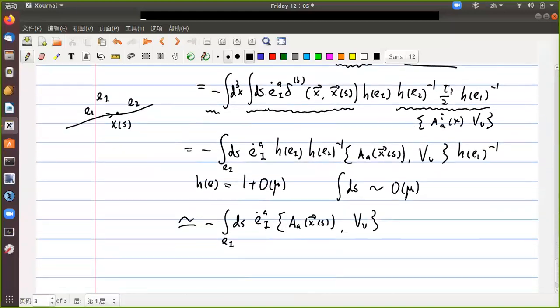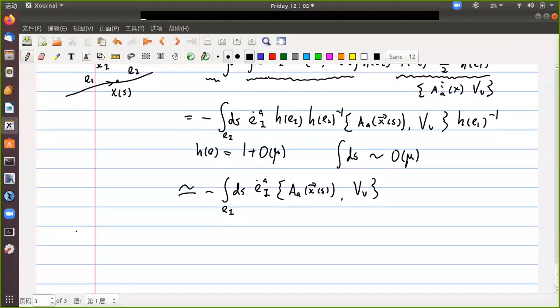In that case, this E dot AI is just a tangent vector along the edge. So this E dot AI equals partial xi. Just the coordinate basis. So the tangent vector of the lattice edge is considered just the coordinate basis, and then this formula gets a little bit simpler.